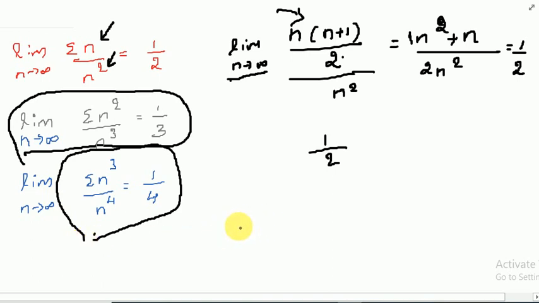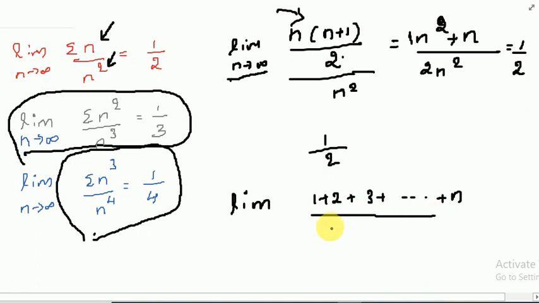Okay, so here itself let me explain one of the important problems. Suppose you have limit of 1 plus 2 plus 3 plus so on up to n divided by n square as n tends to infinity, is equal to.